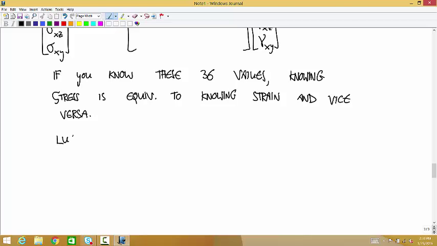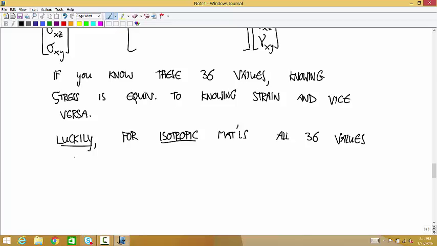So, luckily, for isotropic materials, and that's one of the assumptions that we're making in this class, all 36 values of the compliance matrix depend on just two parameters.